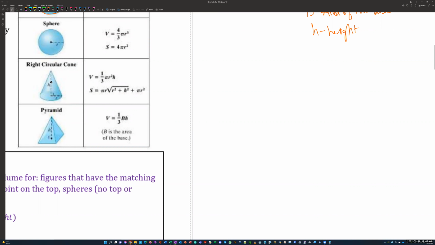All right, a right circular cone and a pyramid. So all you have to do to remember these things is the volume of these is, instead of it just being base times height, it's 1/3 base times height, all right? I think you should also just memorize that. So all this is saying right here is this is pi r squared h.